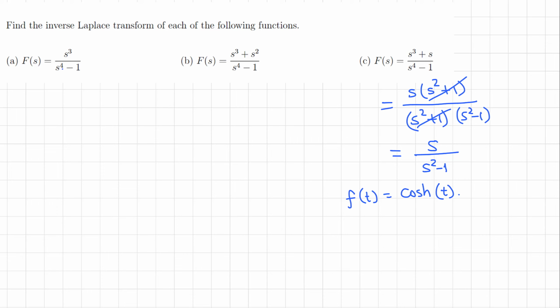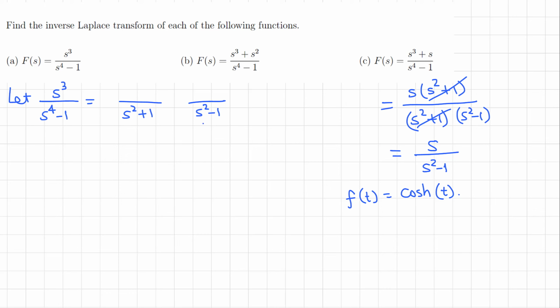In part A, there is no cancellation, so we need to do partial fraction decomposition. We can let this fraction s cubed over s to the fourth minus 1 equal this, which factors as s squared plus 1 times s squared minus 1.